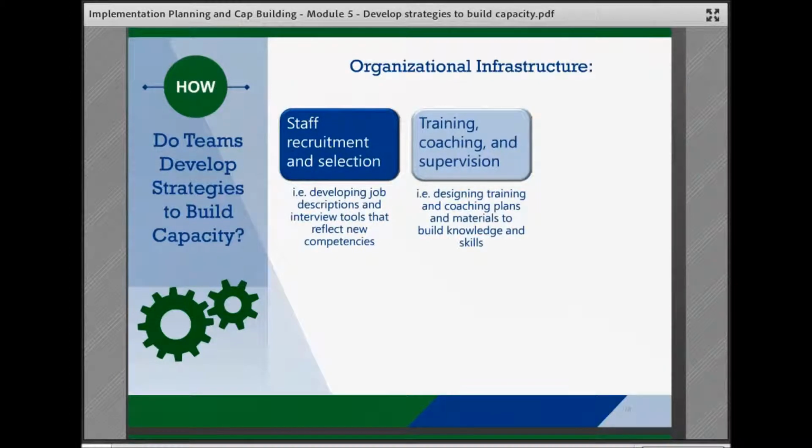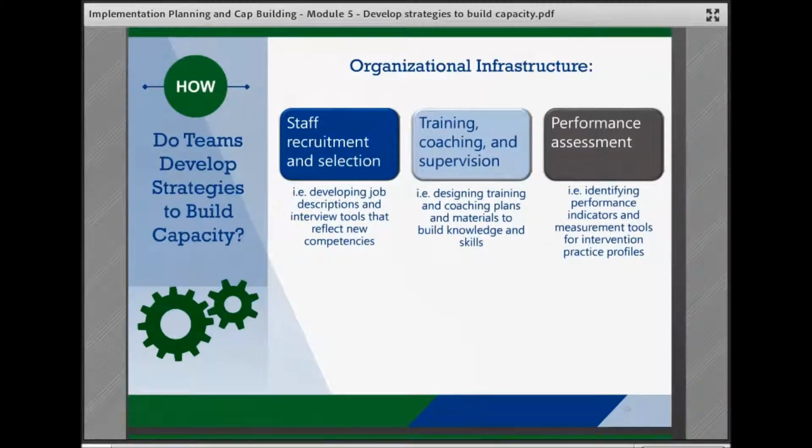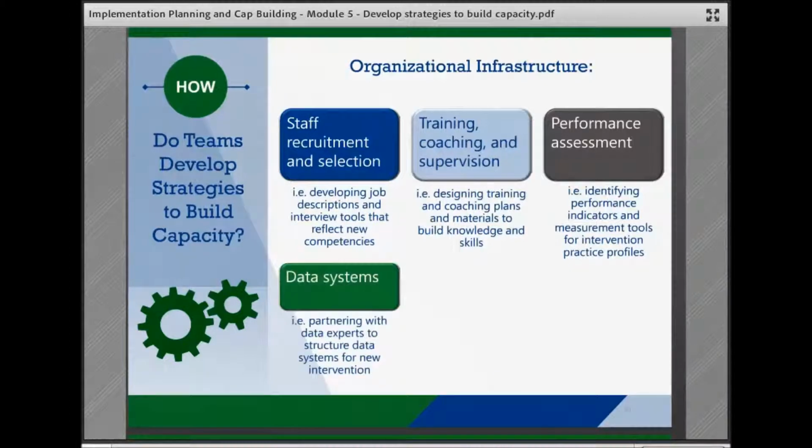Training, coaching, and supervision, like designing comprehensive training and coaching plans and the materials to build needed knowledge and skills at all levels. Performance assessments, like identifying performance indicators and measurement tools aligned with intervention practice profiles. Data systems, like partnering with data experts to structure data systems that collect and report on data related to the intervention.